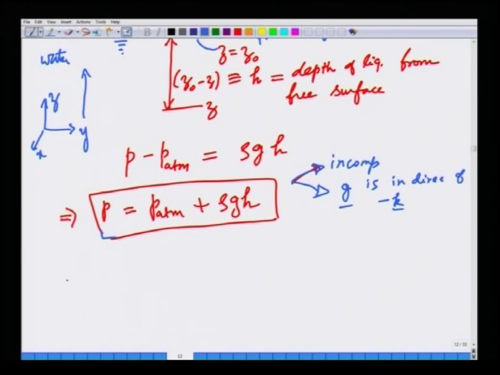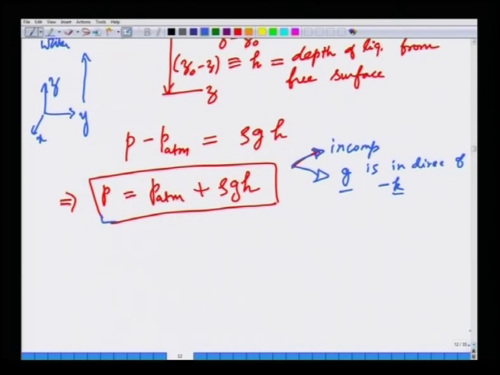One example is what we did: suppose you have a free surface and then you have a planar solid surface, and we are interested in finding the net force, effective force on this solid surface. And that force will act normally. What is the magnitude of the force, which we call Fr, and what is the line of action of the force?